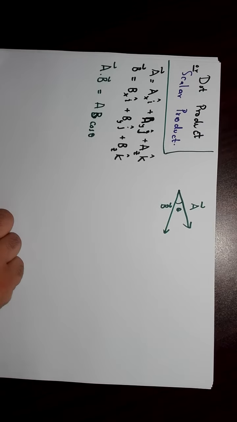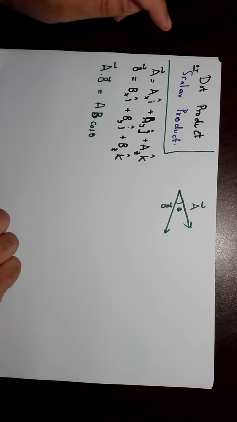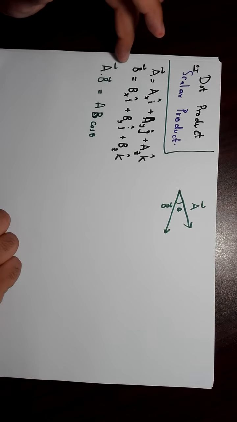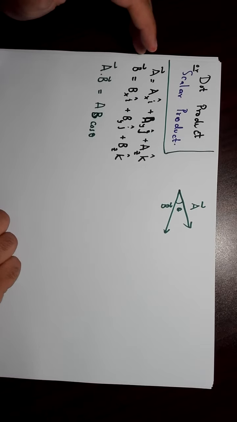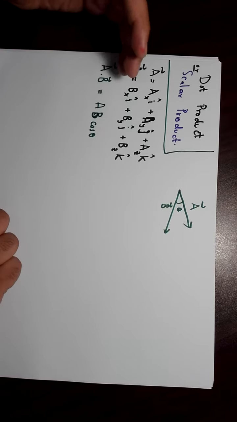So how do you multiply two vectors? There are multiple ways. You can use the dot product, or scalar product, and there's another one called the cross product, or vector product, and then there's another one called the tensor product. Where do these definitions come from? They're of course math, but they have physical motivations and physical applications.